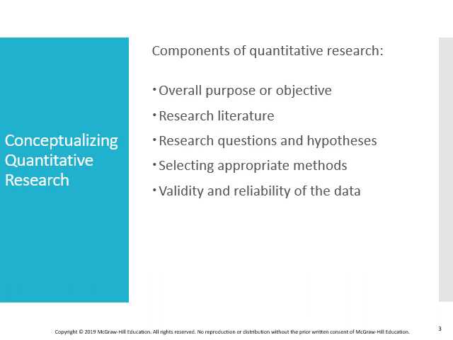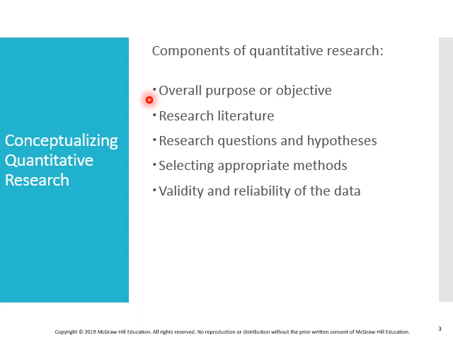Components of quantitative research. First of all, we have to have an overall purpose or objective. So the research problem that the researcher has, in terms of thinking what is the big picture question or big picture problem or issue that the researcher is curious to find out, to study.